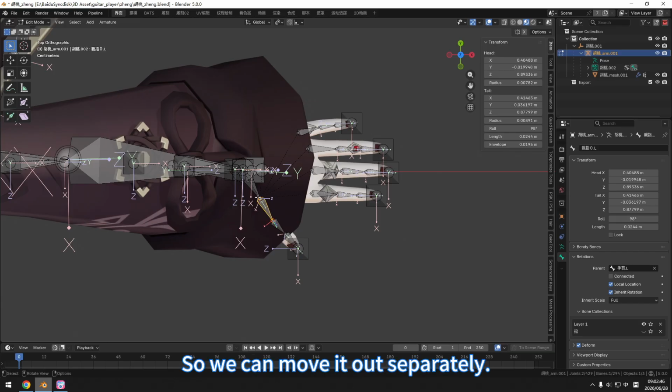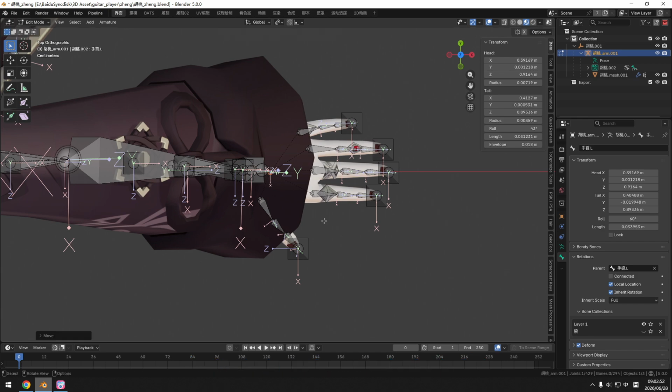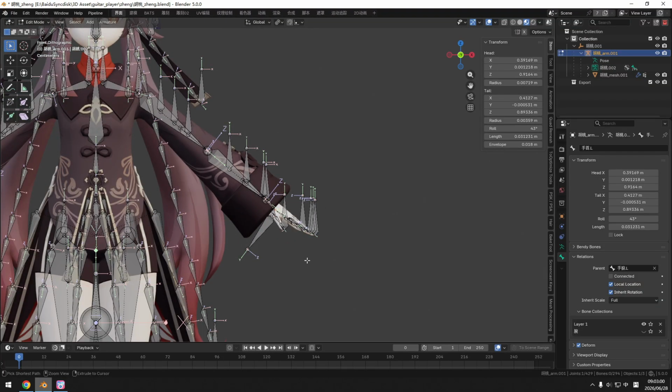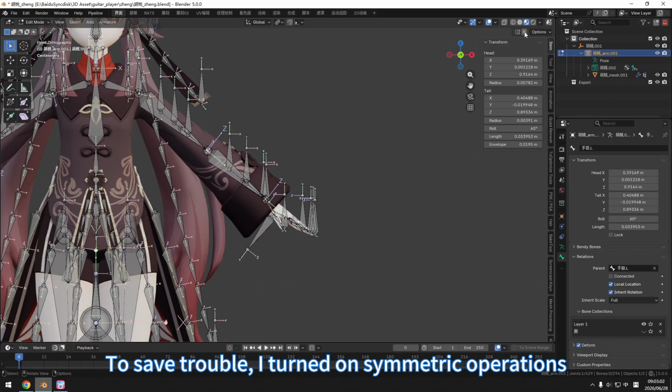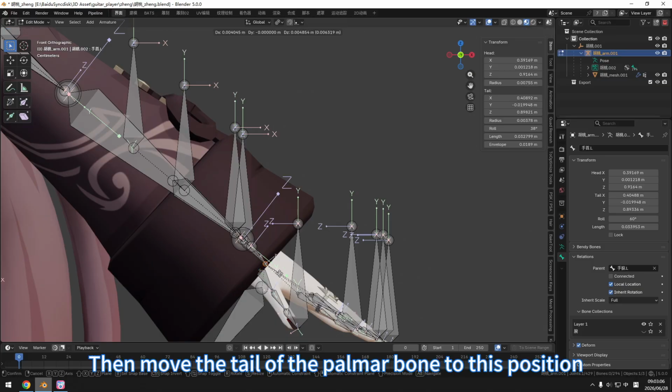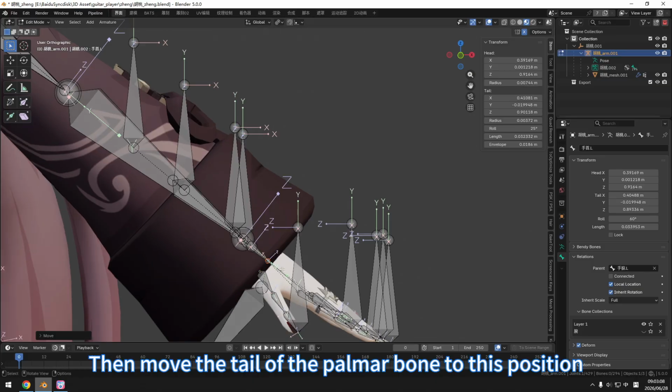It's not connected, so we can move it out separately. To save trouble, I turned on symmetric operations. Then move the tail of the palmar bone to this position.